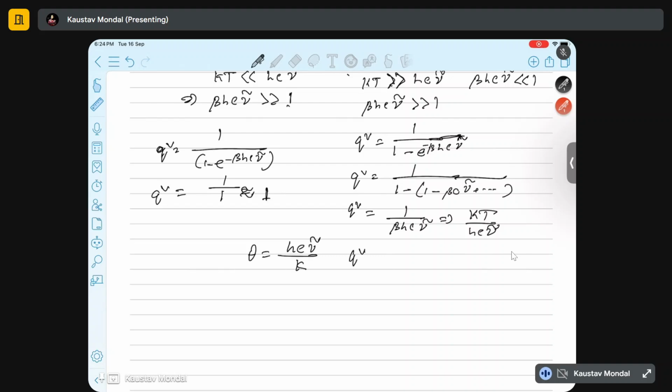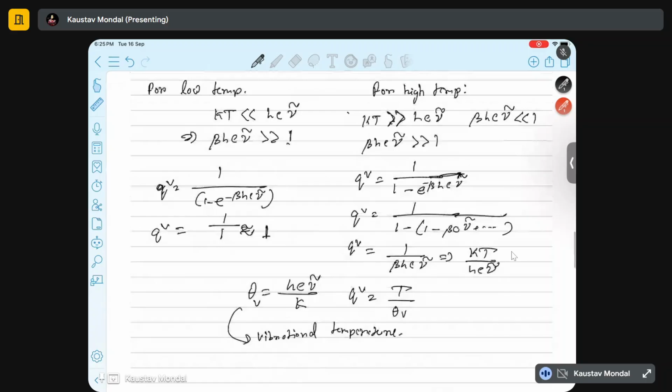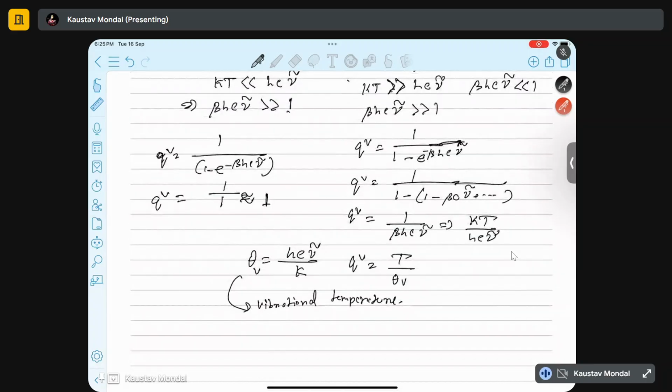So QV you can write as T by theta V. When the temperature of the experiment is much higher than the vibrational temperature, we can use this expression simply.